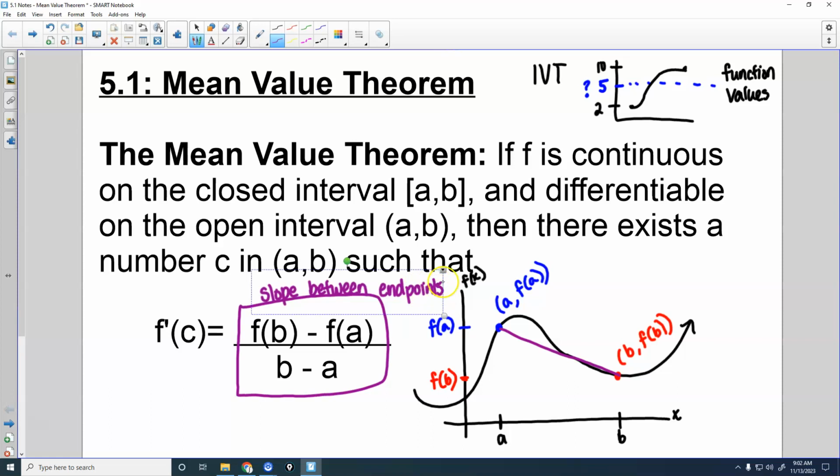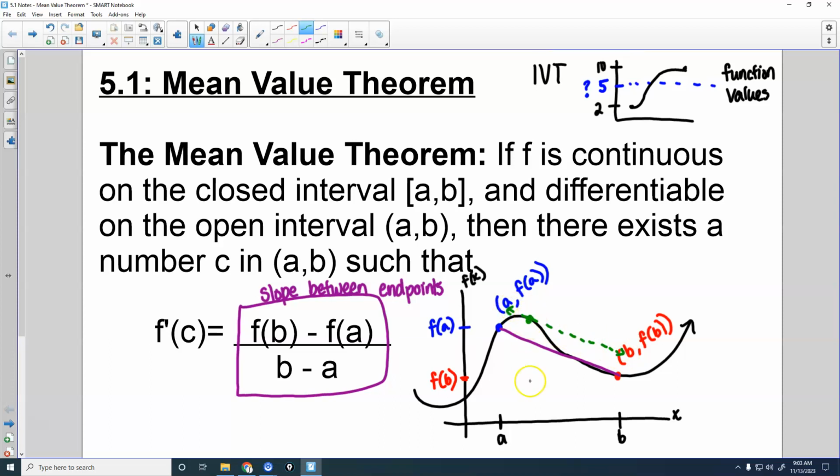has to equal f prime of c, which is the derivative at some point. So what it's telling us is that somewhere in here we've got to have a derivative that is equal to that slope between the endpoints. I would say probably it might be somewhere around here. The slope of that tangent line looks about parallel to that.